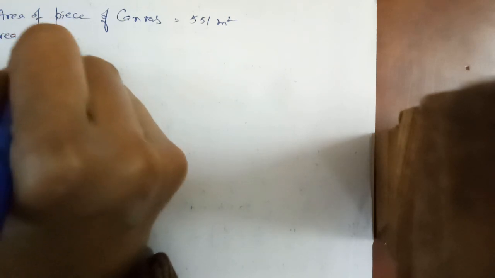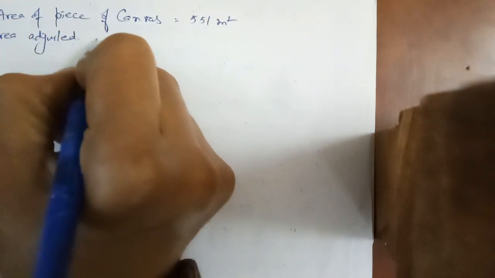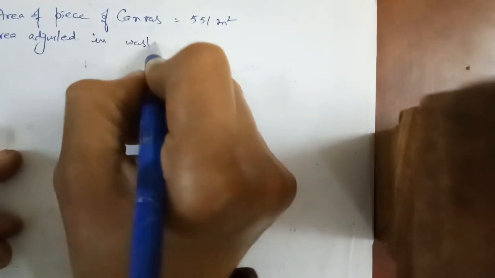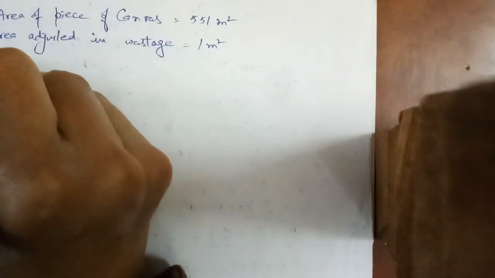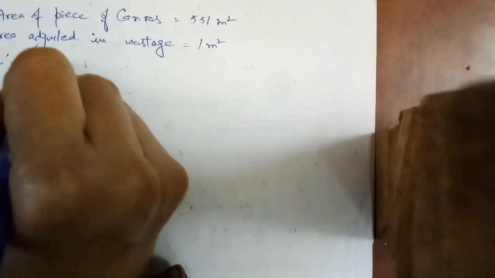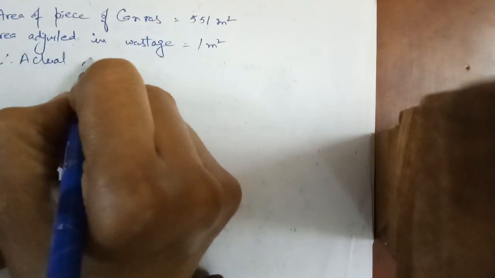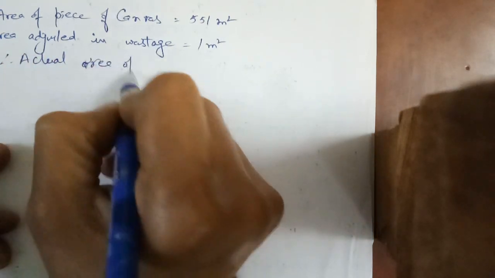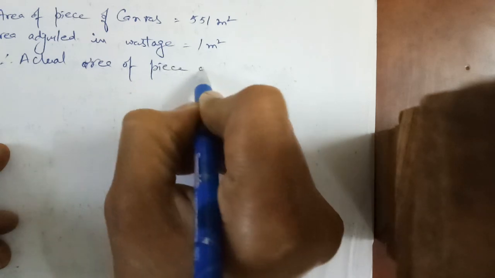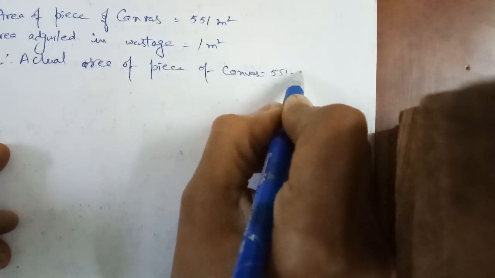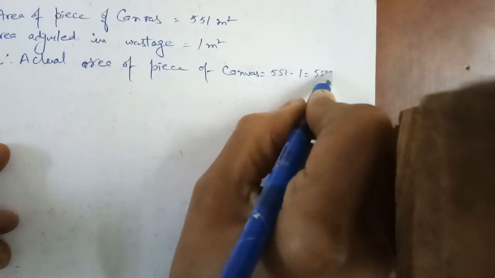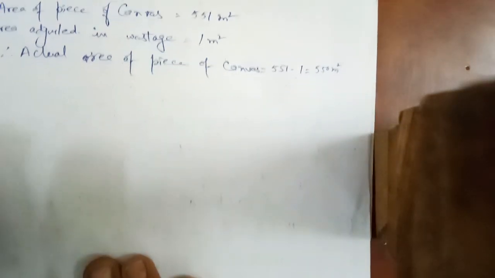Area adjusted in wastage is equal to 1 meter square. So the actual area of the piece of canvas, how much is left: 551 minus 1, that is 550 meter square.